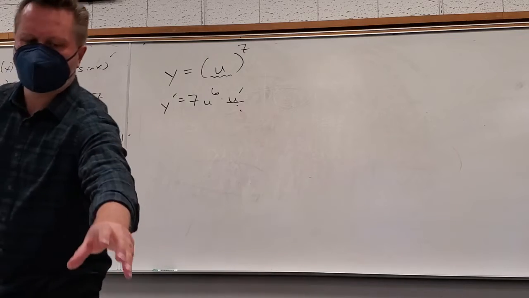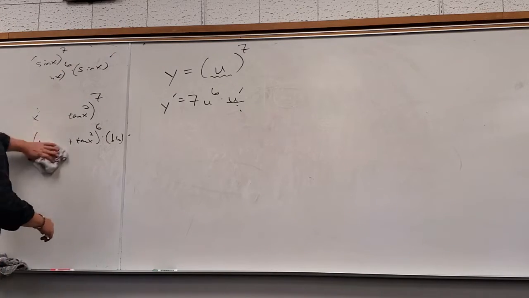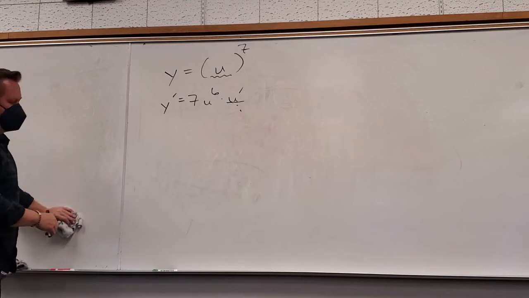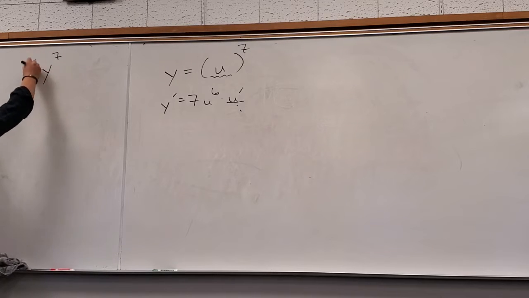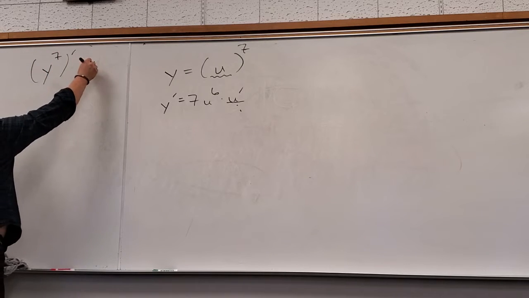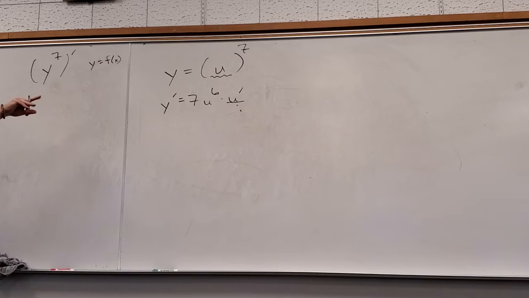So let me try this. What if I had just y to the 7th? What would that derivative be, knowing that y is a function of x? Y is some function of x. I had different things earlier that had a 7th power, and we basically took the derivative the exact same way.